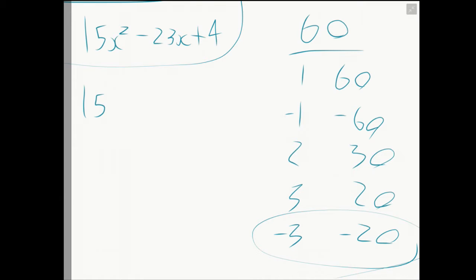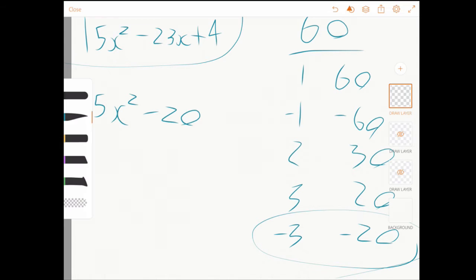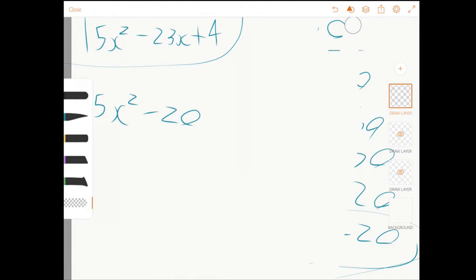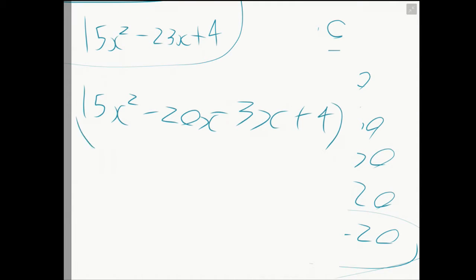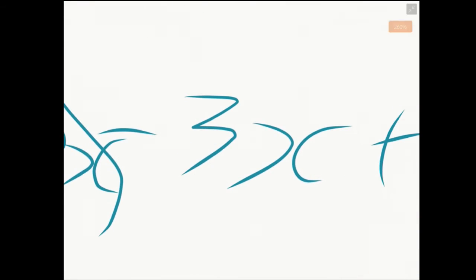So let's start by rewriting the expression. Now, breaking up, or rather decomposing, the 23x into... Oh wow, this is going to interfere. Sorry. Let me just erase this a bit. Minus 3x plus 4. Once again, we're going to add the random brackets, except here is what you need to be really careful with.